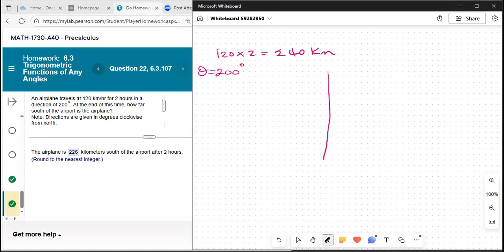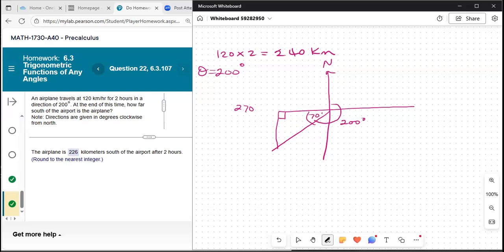Okay, so going clockwise from the north, we're going 200, so 90, 180, there's 200. Draw a reference angle or triangle. And if this is 270, we know that this is going to be 70 degrees in there.